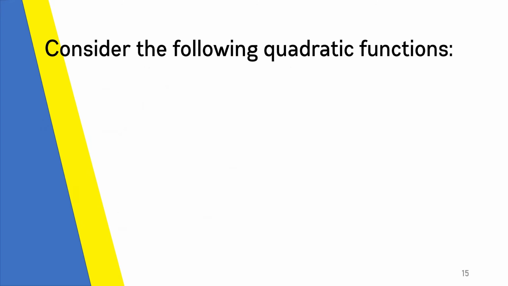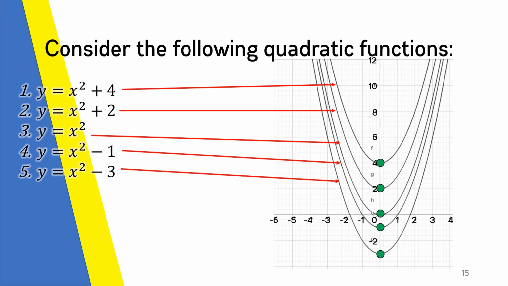Okay, another set of functions. So we have here sets of x squareds, but you could see they are accompanied by another term. So we have positive 4, positive 2, nothing here, negative 1, and negative 3. If we look here, I think they are just the same.